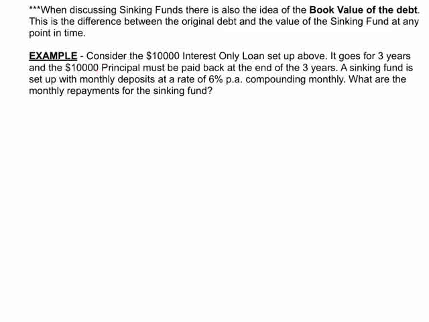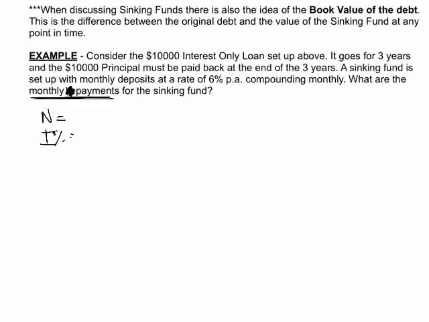Okay, strictly speaking, you shouldn't say repayments because that's for loans. A sinking fund is a future value annuity, so you're making payments into the sinking fund. All right. So this is a TVM solver question because it's a future value annuity. You're trying to solve for payments, okay? It's asking for what the monthly payments are going to be into the sinking fund if you want it to grow to 10,000.